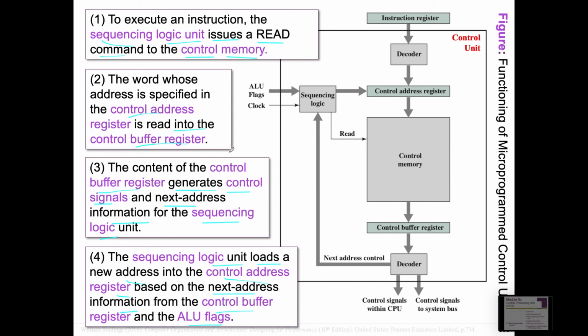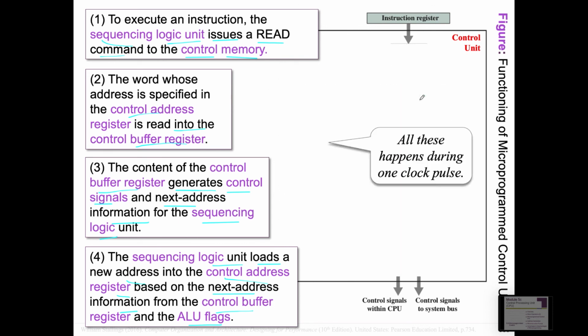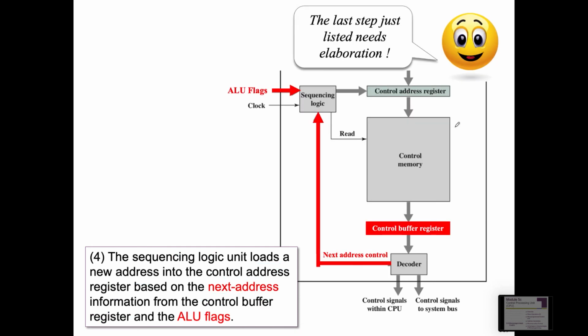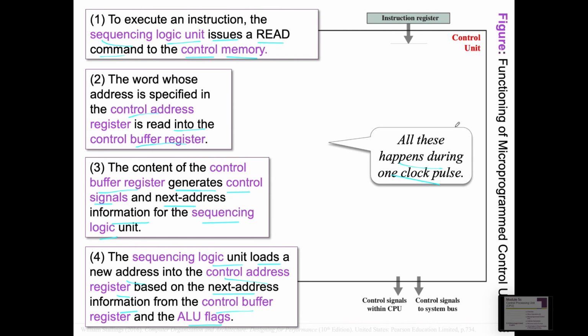Basically, we already looked into the explanation previously, only in terms of a very specific sequence we need to memorize. All this happens during one clock pulse. This one I guess you already understand.